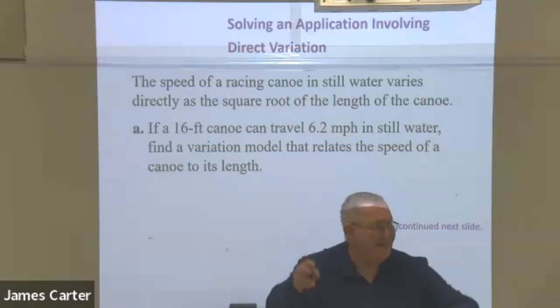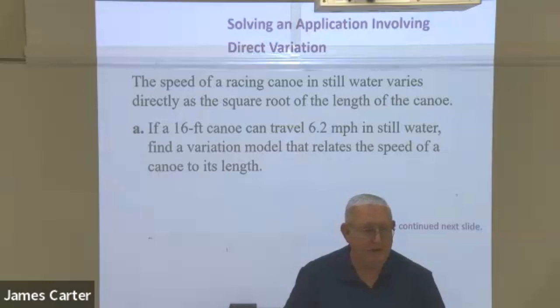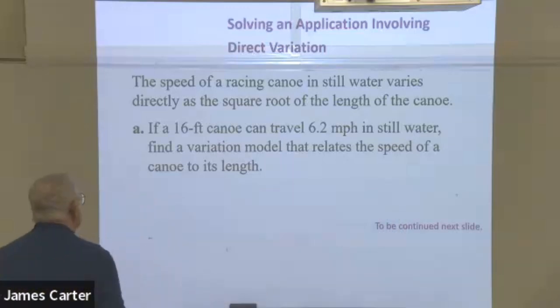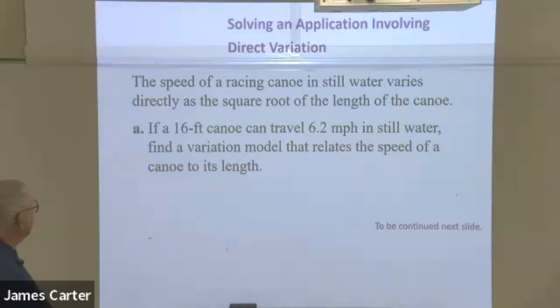Olympic canoe racing, where they've got 8 or 10 people in the boat? Yeah, it would make a difference. Might make a difference you going across the lake yourself. If a 16-foot canoe can go 6.2 in still water, find a variation model that relates speed to the length of the canoe.